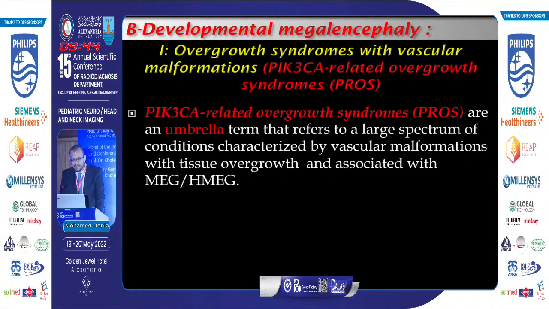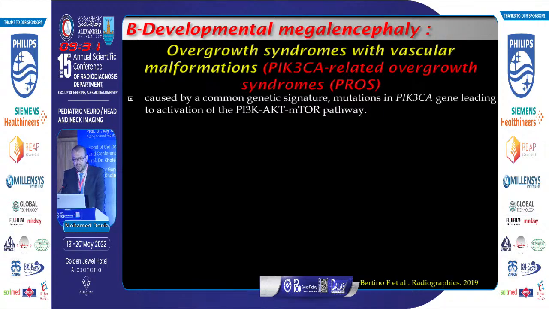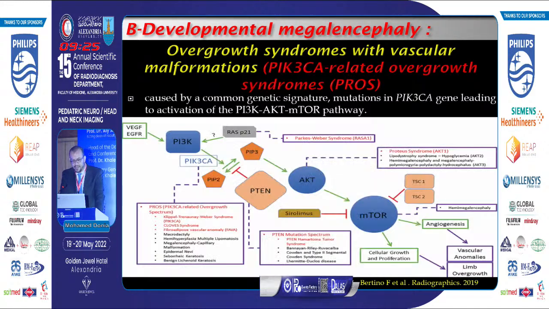The spectrum is an umbrella term that refers to a large spectrum of conditions characterized by vascular malformation with tissue overgrowth and with megalencephaly, due to a common genetic mutation in the PIK3CA gene, leading to activation of the PI3K-AKT-mTOR pathway.